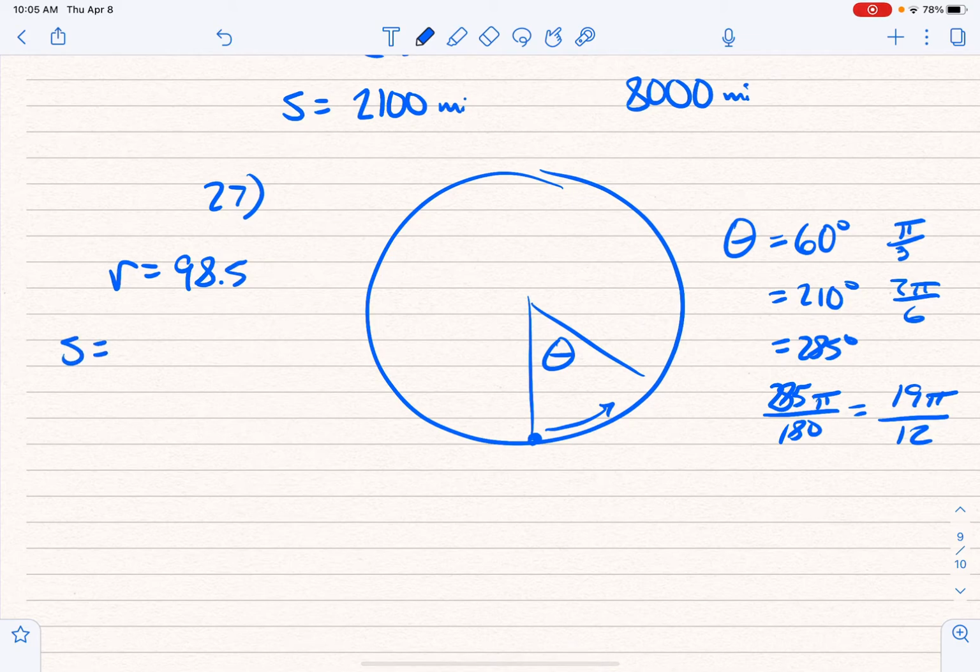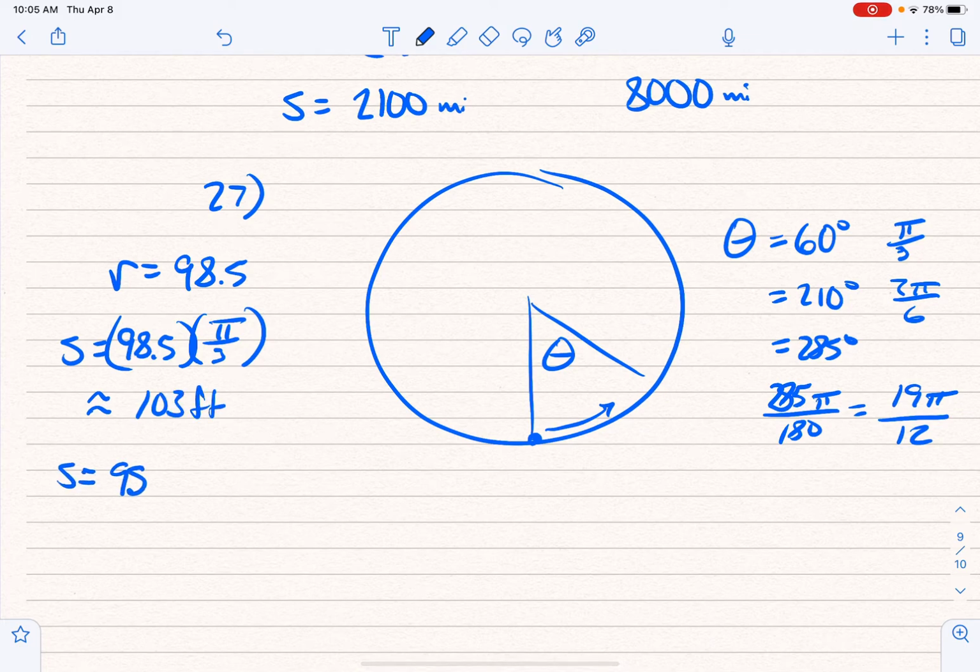And so we can just kind of work through this. So it's going to be 98.5 times pi over 3 for the 60 degrees, which gives me about 103 feet. Okay. And then we think about 98.5 times 7 pi over 6.